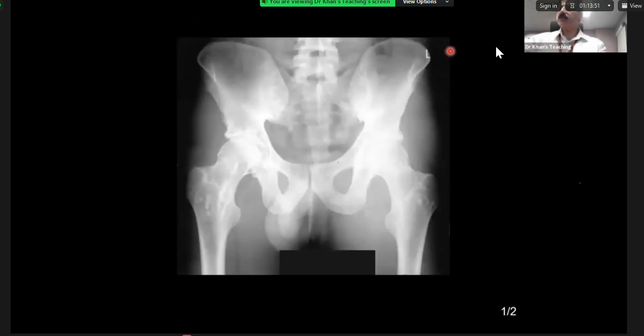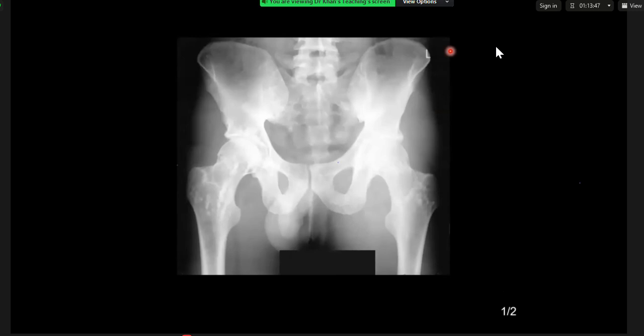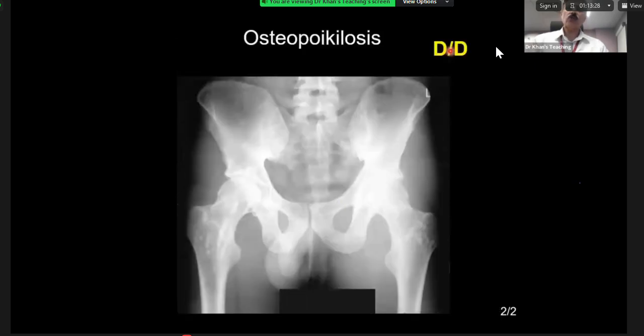This is your last case. Yeah, this is spot on: osteopoikilosis, multiple. Osteopoikilosis is a simple case, but of course it becomes simple once you know it. Basically, osteopoikilosis, pathologically speaking, is just multiple bone islands. And these are around joints usually.